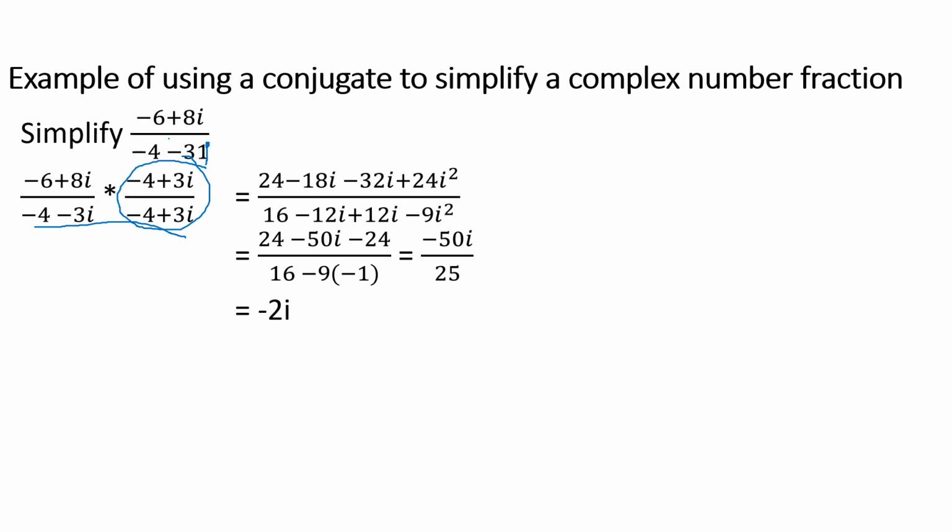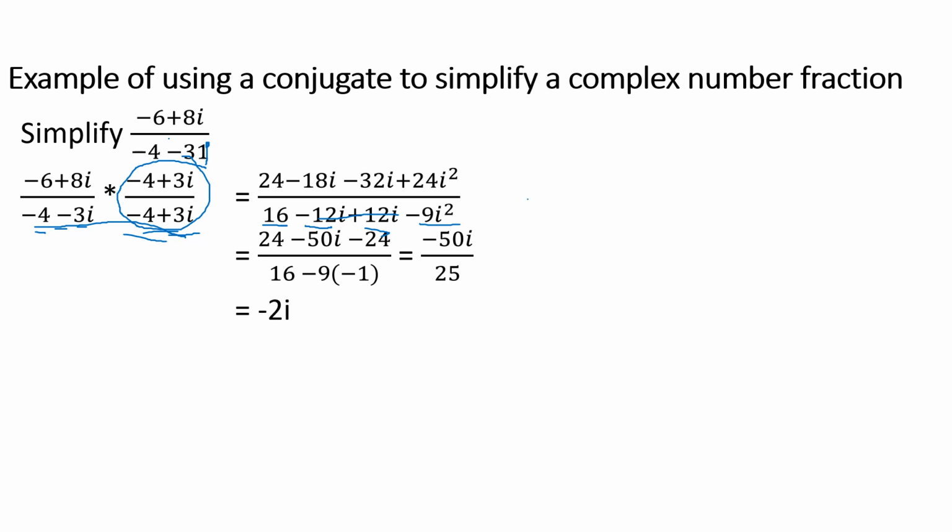Negative 4 times negative 4 is 16. That side, negative 4 times 3i is minus 12i. Negative 3i times negative 4 is plus 12i. And then negative 3i times positive 3i is minus 9i squared. Well, as I said, these two cancel each other out.